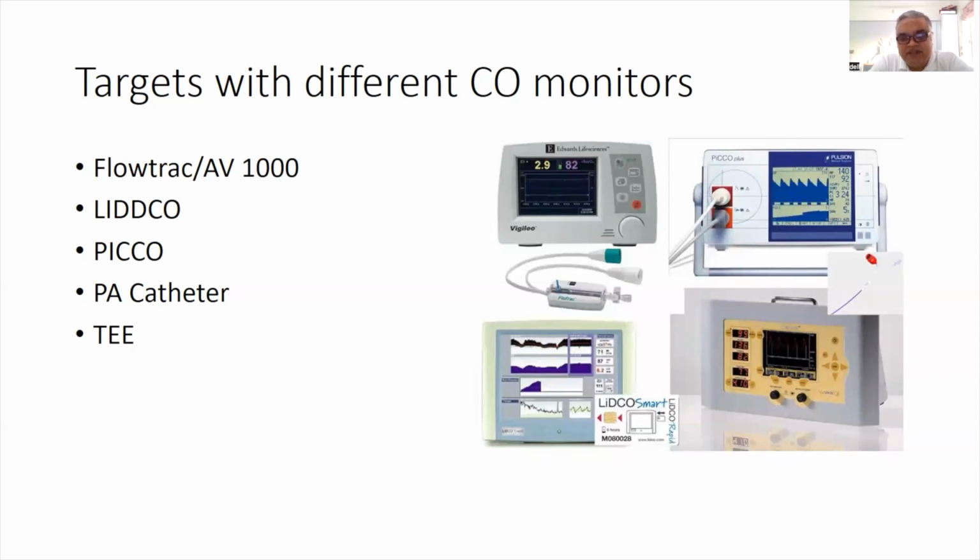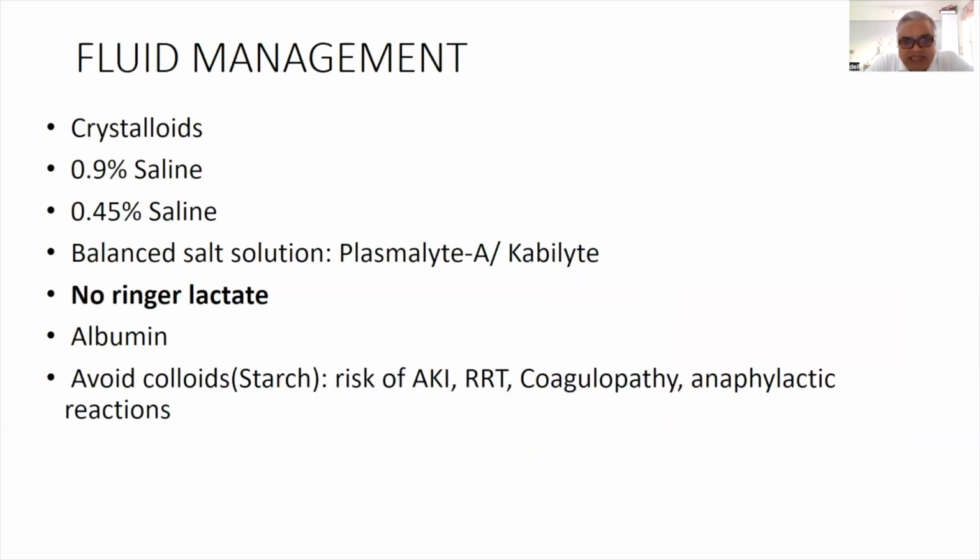We use AV1000. Choice of fluid: avoid giving maximum fluid, depending upon our routine calculation, insensible losses, and all these things. So choice of fluid will be 0.45 saline and the other balanced salt solutions like Plasmalyte and Kabilyte. Why 0.45 saline? Because of the jump of sodium. Sodium is an independent predictor of mortality in post-op situations in liver transplantation.